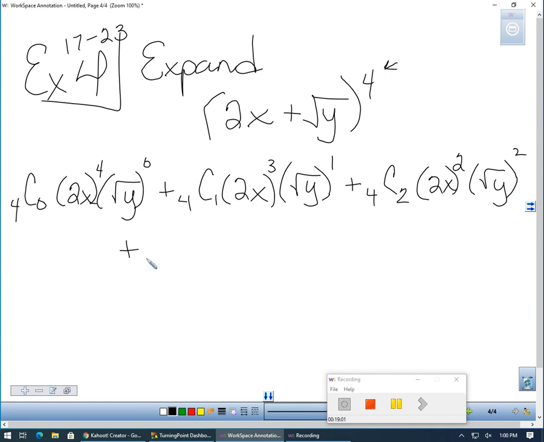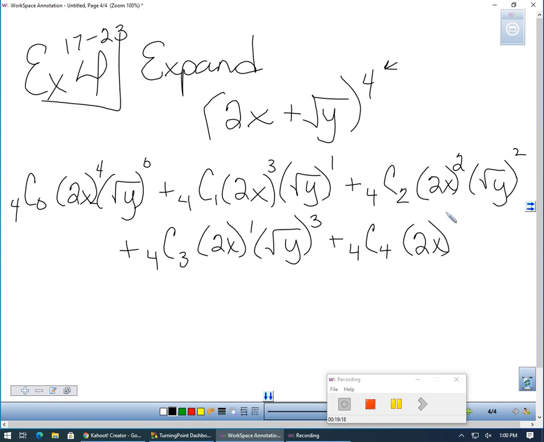Plus 4c3, 2x to the 1st, square root of y to the 3rd. Plus 4c4, 2x to the 0, and again you don't have to include that one, but I am so you can see the pattern, square root y to the 4th.